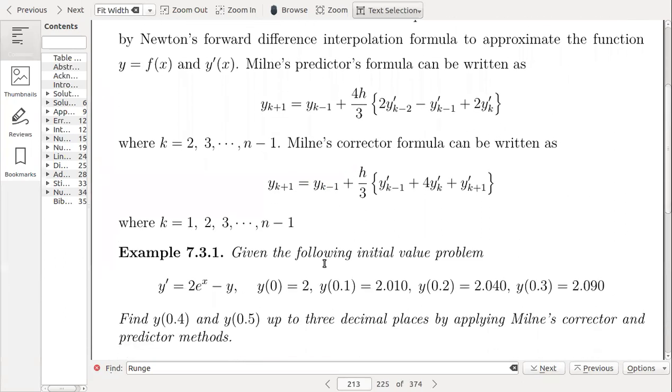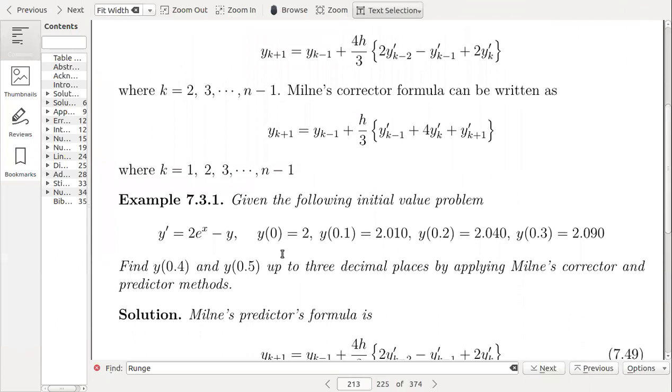Here is an example of how to apply this Milne's predictor-corrector formula. Given the following initial value problem: dy by dx equal to 2 e power x minus y, and y at x equal to 0 is 2. If x is 0.1, the value of y is 2.010.